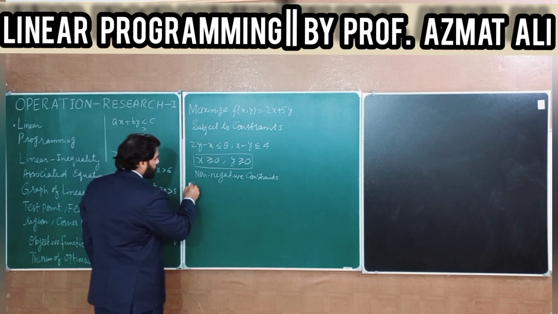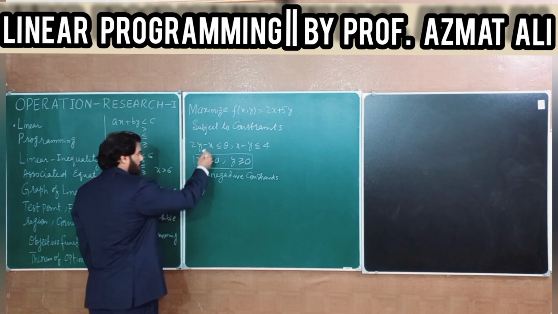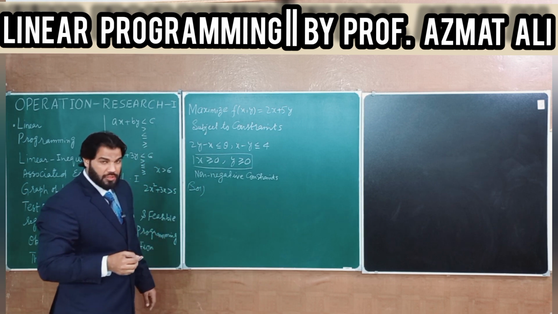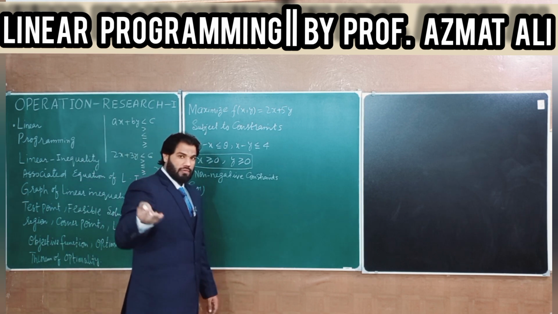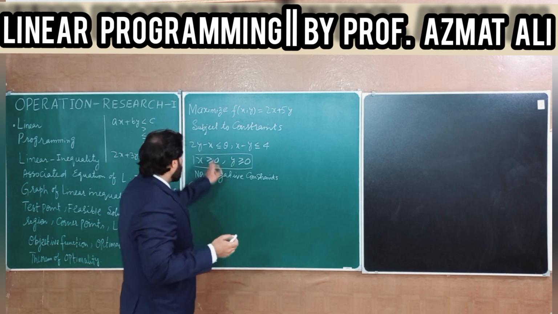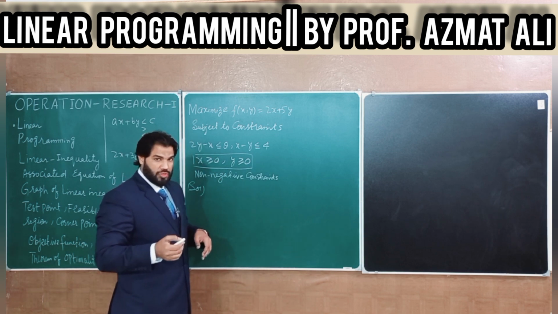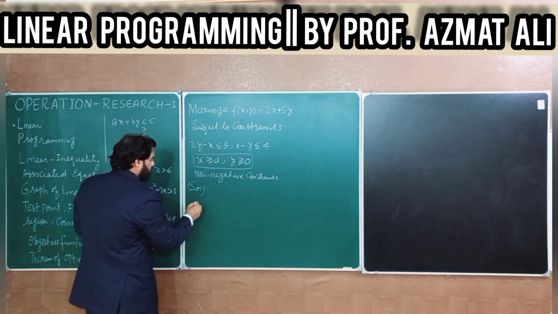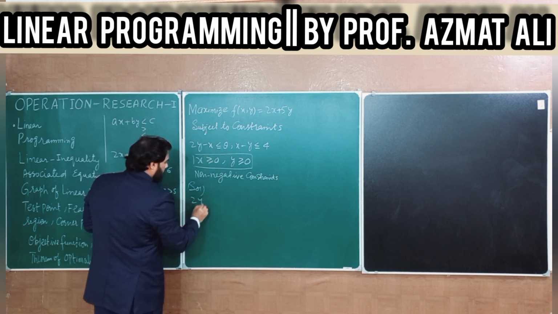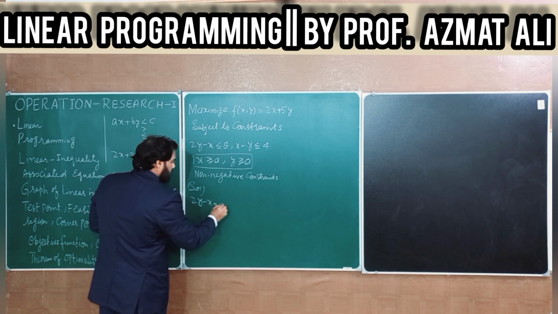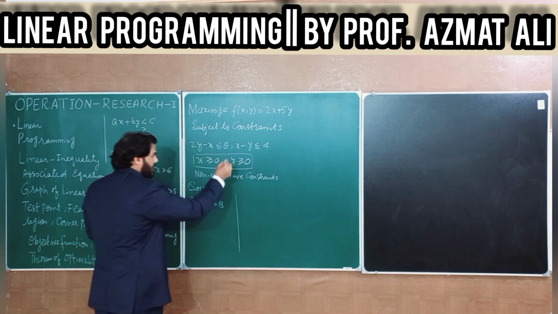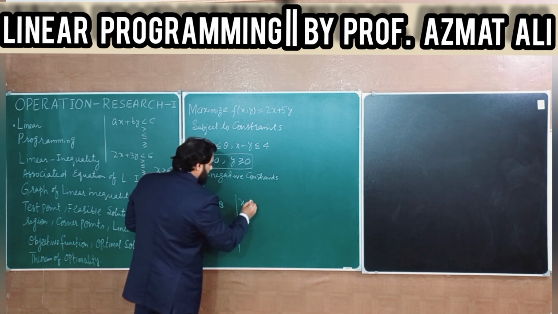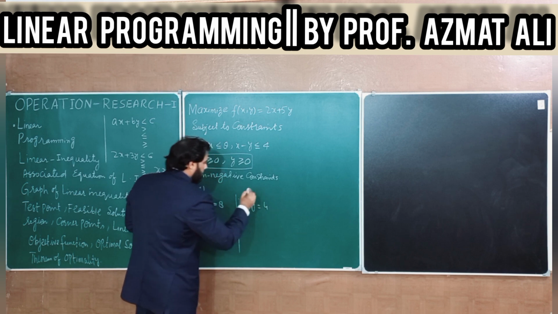Firstly, we will draw the graph of these two linear inequalities, and for drawing the graph, we find their associated equations. The associated equation of the first linear inequality is 2y - x = 8, and the second inequality has the associated equation x - y = 4.